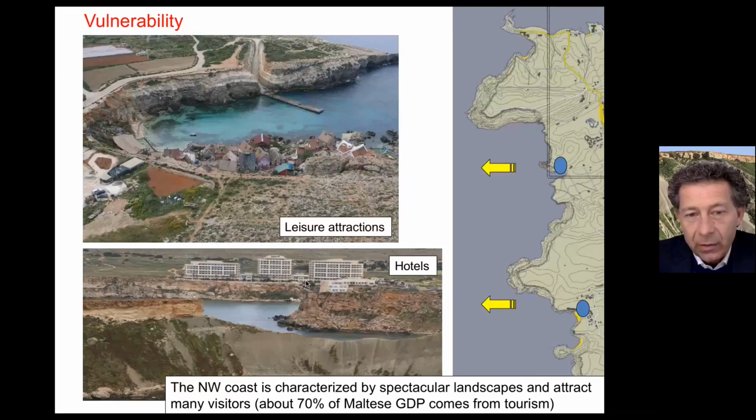In particular, the northwest coast of Malta, which is characterized by a spectacular landscape, is attracting many visitors. Together with the visitors attending other parts of the islands, we have to say that 70% of the Maltese gross domestic product comes from tourism, so a very significant part.